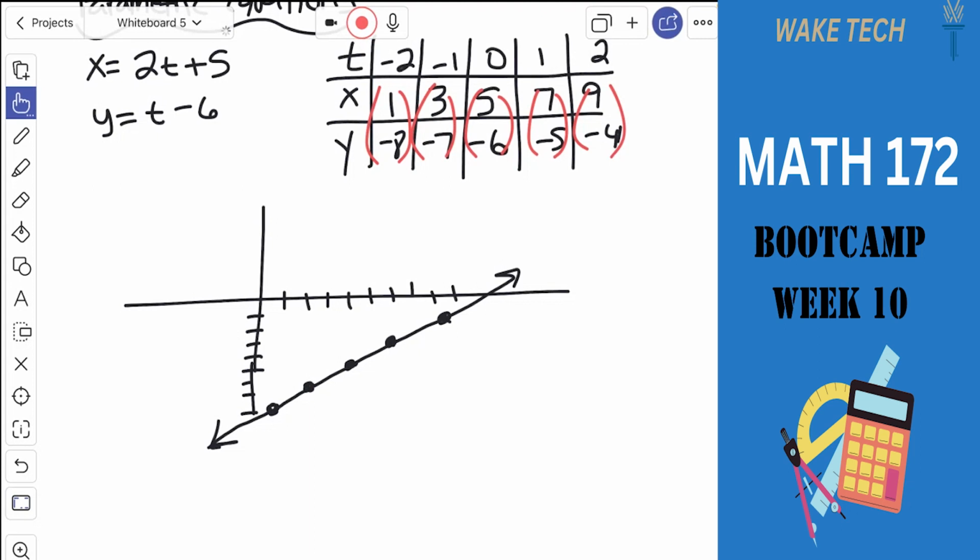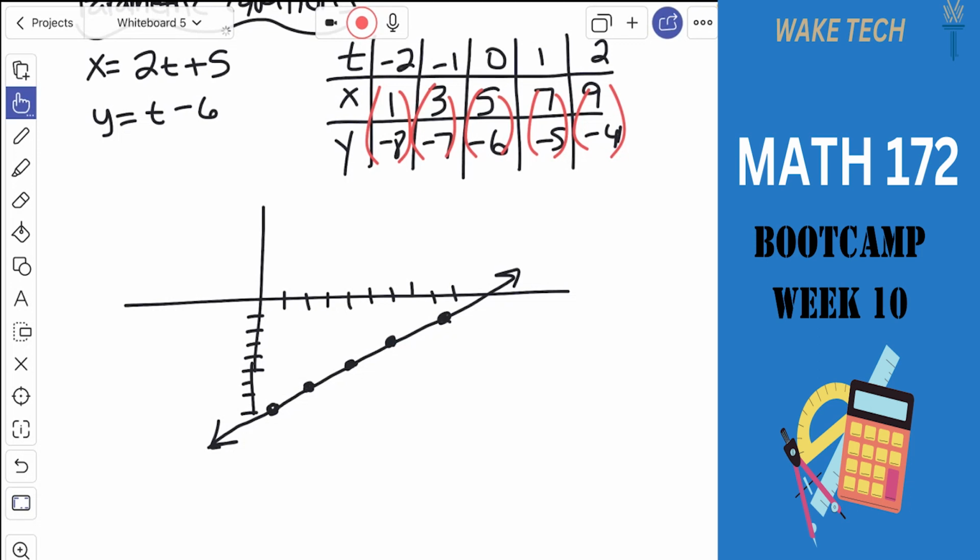How we will do that is by going back to a topic from 171, solving systems of equations. And one of the ways you solved systems of equations back in 171 was using the substitution method. We will use exactly that process to eliminate the parameter here.